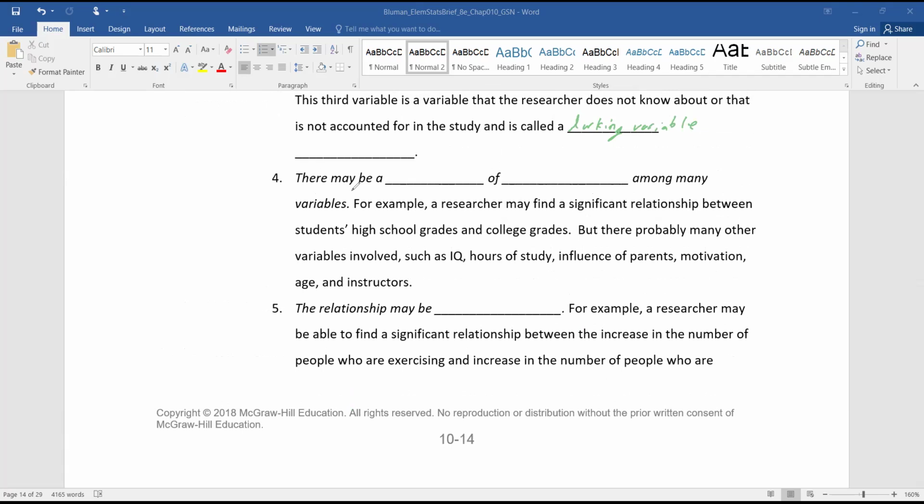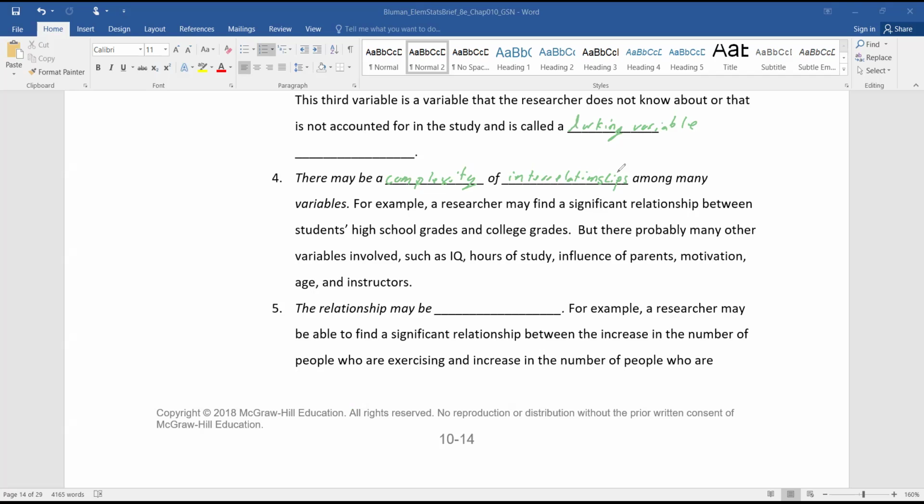The fourth thing we can see is there may be a complexity of interrelationships among many variables. For example, a researcher may find a significant relationship between students' high school grades and college grades, but there are probably many other variables involved, such as IQ, hours of study, influence of parents, motivation, age, and the instructor.